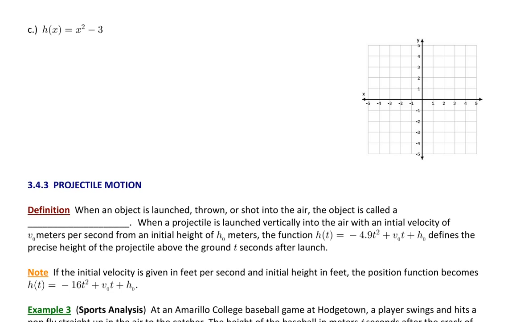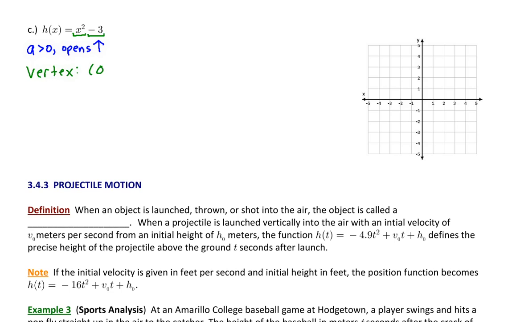But let's go through the process. Our leading coefficient is positive, so we know this parabola is going to open up. The vertex we could certainly calculate as -b over 2a, but again, thinking about transformations, this is our ordinary parent function y equals x squared, whose vertex is at 0, 0, shifted down by 3 units.